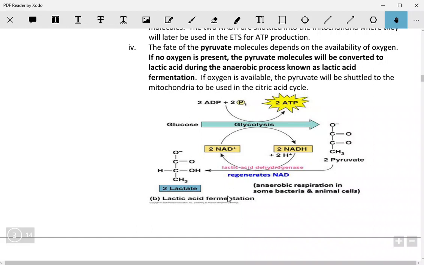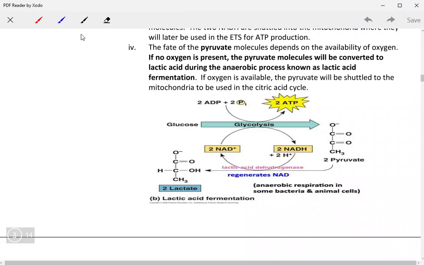So here is an example of an anaerobic situation where pyruvate is being converted right here. Here's pyruvate. It is being converted into what? Lactic acid. Bacteria can do this. And like I said, our animal cells can do this. Also, in this process, just the pyruvate to lactic acid, it will actually help to regenerate that coenzyme.